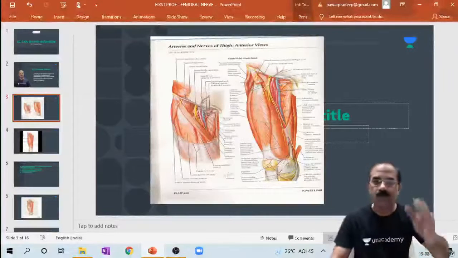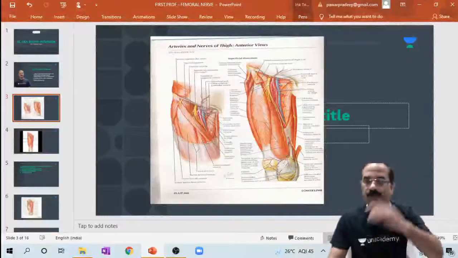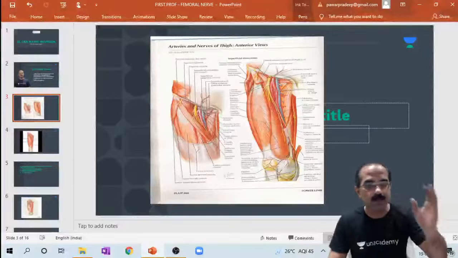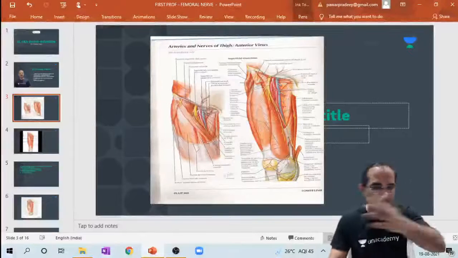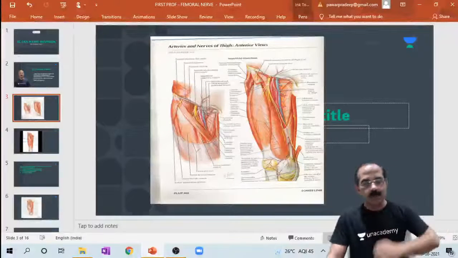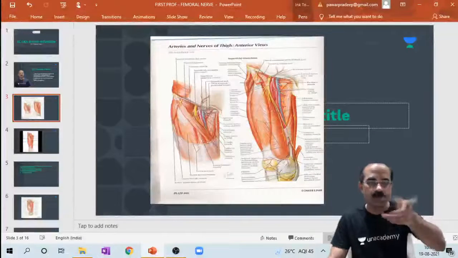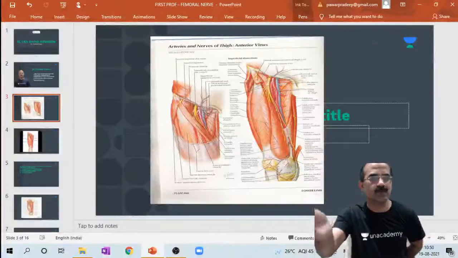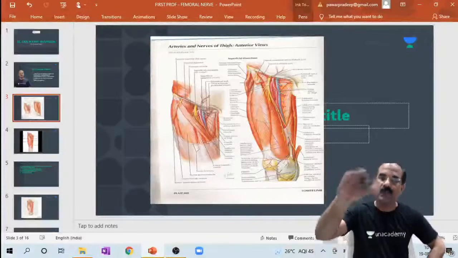Gracilis is also known as the anti-rapist muscle, whereas Sartorius is known as the honeymoon muscle. Understand the actions on the hip joint, then you'll understand why they are known like this. So that's about the Sartorius. Now, what is the action of Sartorius on the knee joint? Flexion and medial rotation.